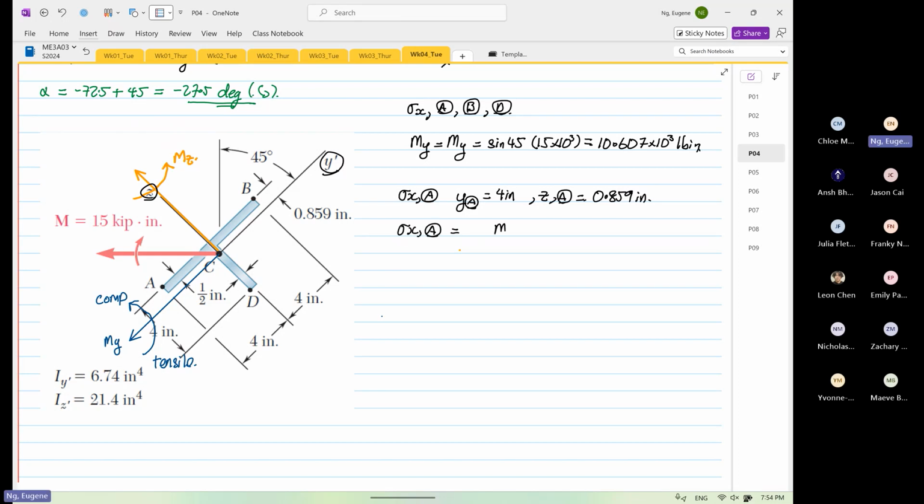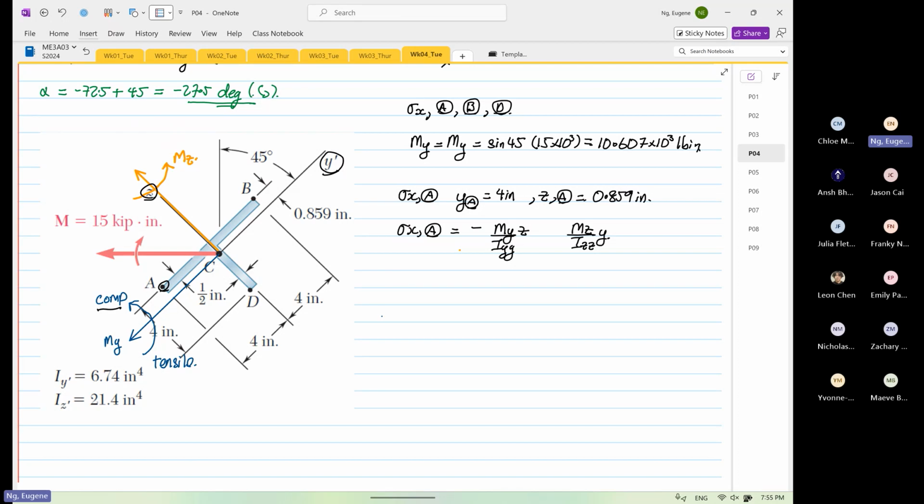Then all we need to do now is apply the formula. So you just put My over Iyy multiplied by Z, Mz over Izz multiplied by Y, right? So at point A, moment about Y at point A will give you compression, right? So negative.